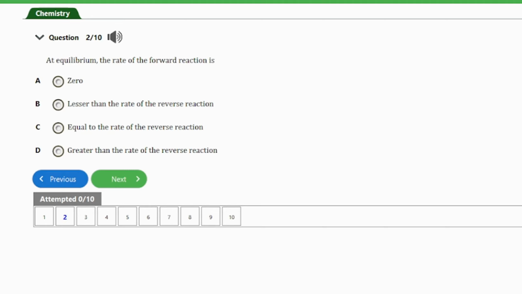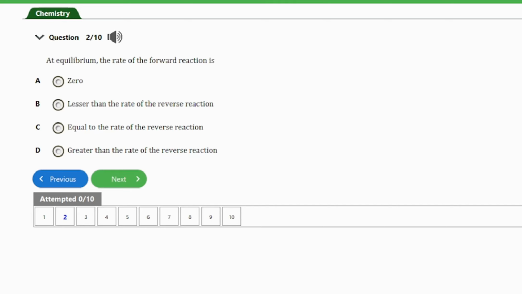Question number 2. It says at equilibrium the rate of the forward reaction is A 0, B lesser than the rate of the reverse reaction, C equal to the rate of the reverse reaction, D greater than the rate of the reverse reaction. So guys, the answer to this question is option C. At equilibrium, the rates of the forward reaction and that of the reverse reaction become equal.